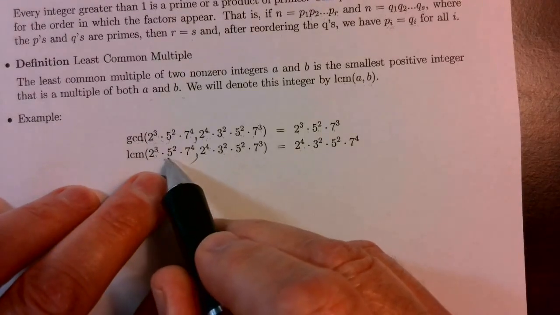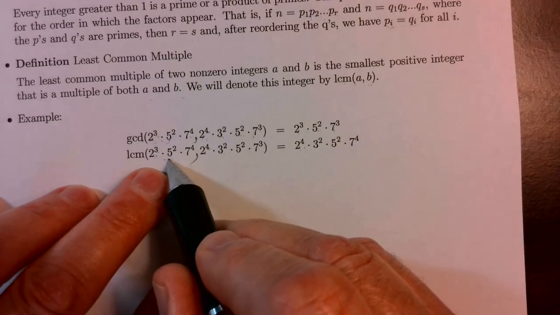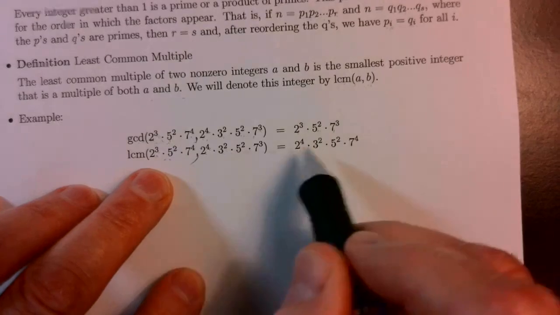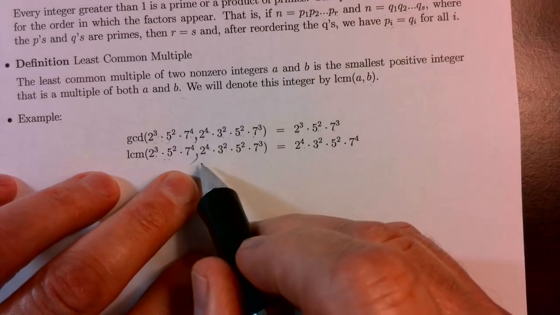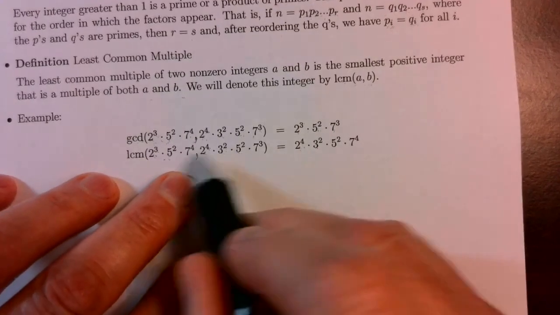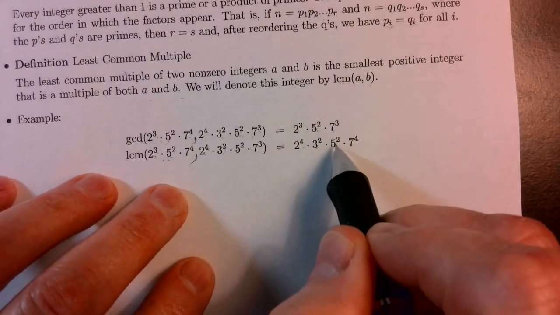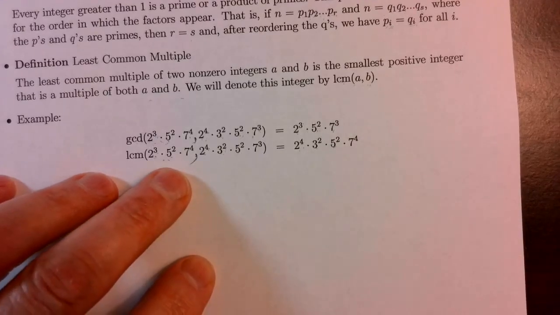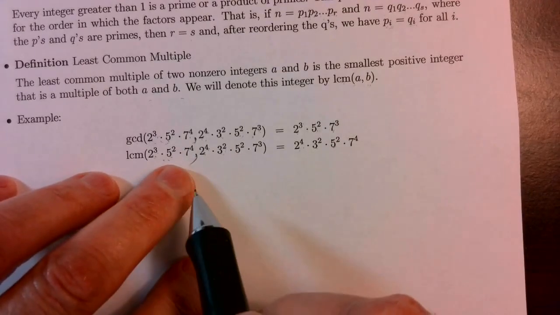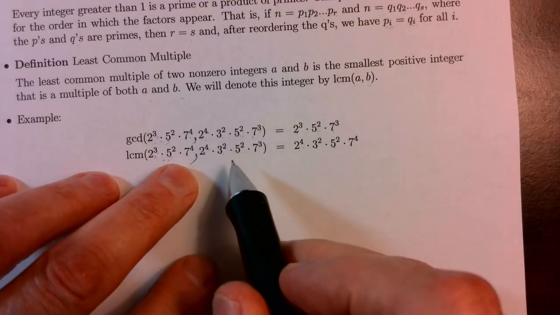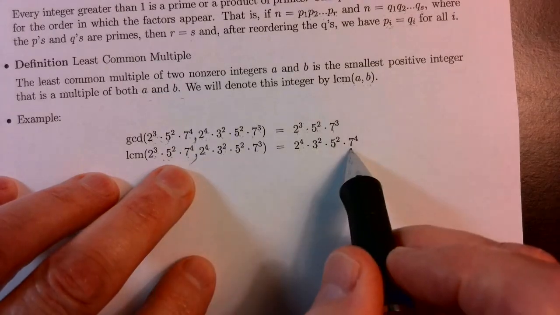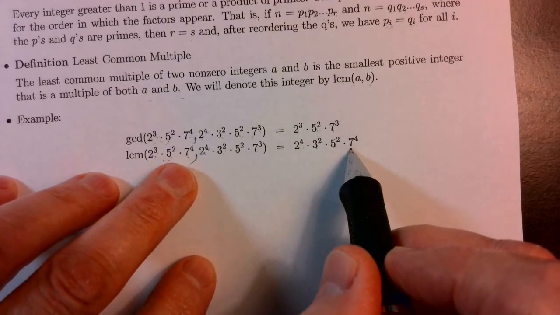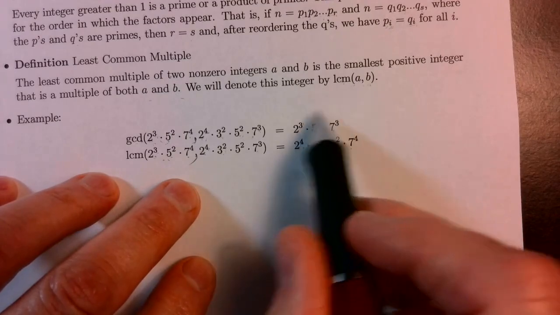We don't have 3 here, but we can think that it is 3 to the power 0, and 0 is smaller than 2. So we write 3 squared. 5 squared, the bigger one is the second power, 5 squared. They are equal, so it doesn't matter which one you take. 7 cubed, 7 to the 4, 7 to the 4 is bigger. So this is the LCM.